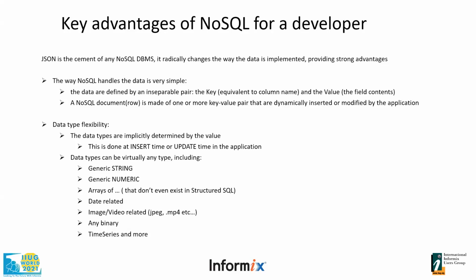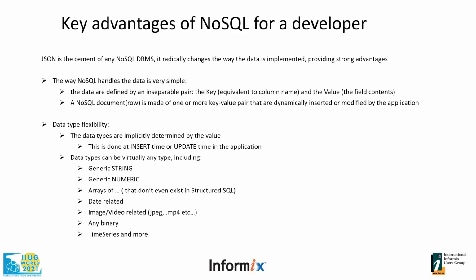Also, something we never had in SQL data types is arrays, and that's, from my point of view, a critical lack in terms of data types for the structured SQL. NoSQL has this kind of data.